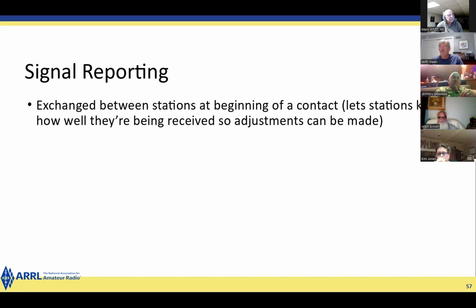Part of the reason for signal reporting between stations when you first make a contact is giving the information. You've got an RST report: readability, signal strength, and tone.